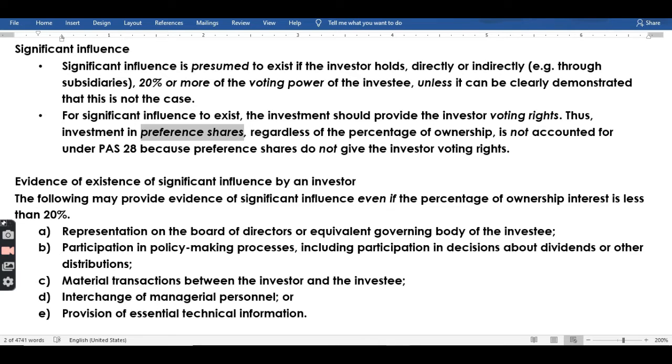Kasi ang mangyari dyan, kahit sabihin mong 20% or more yung hawak mo, kung ang balak mo pala is i-recognize yan under IFRS 9 or yung ating investments in FVPL or FVOCI, okay, then hindi pa rin siya pwedeng maging part ng PAS 28. Okay? So, yun. So, yun lang yung kailangan nating i-consider dyan.